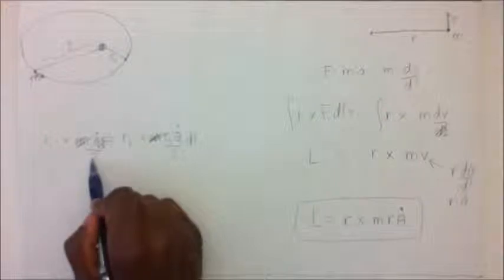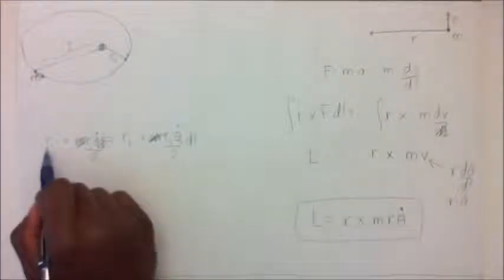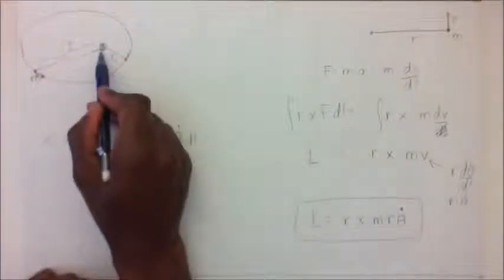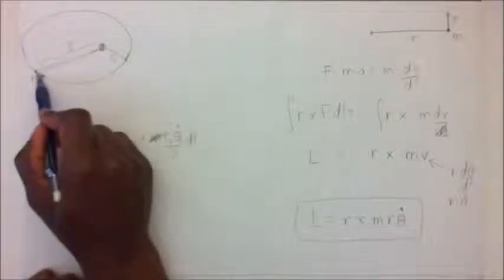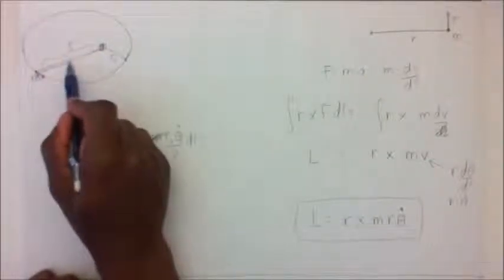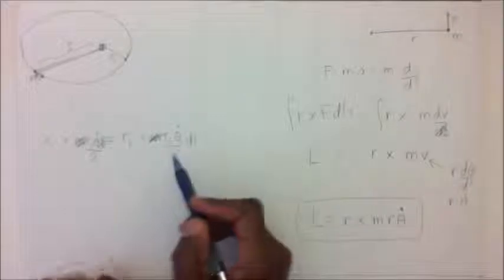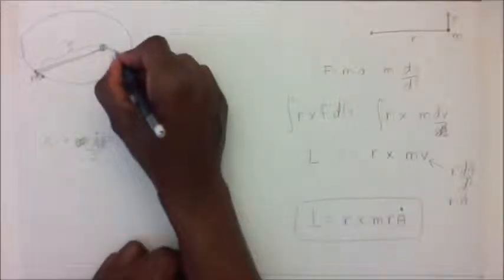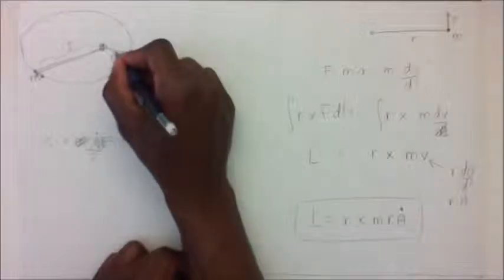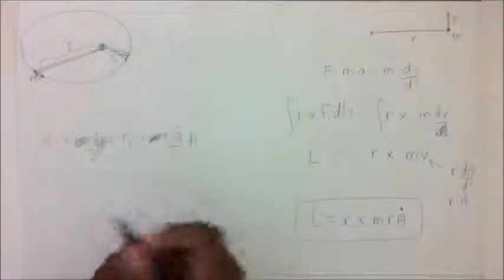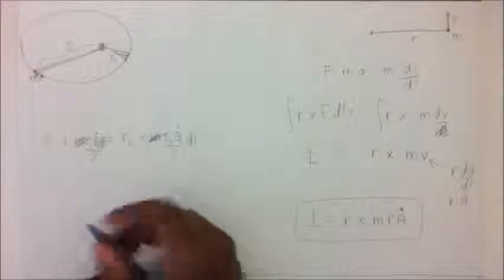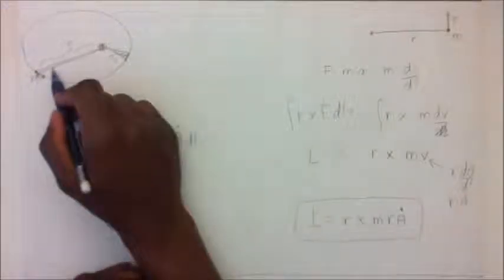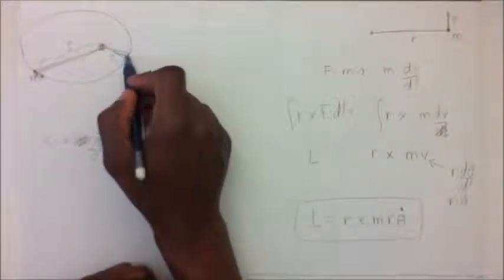Taking half that times the radius is basically the same as taking half the base times the height, which gives you the area of that triangle right there. If I do the same thing over here, I get essentially the same result, the area of a triangle. What this says is that the area of this triangle is the same as the area of that triangle.